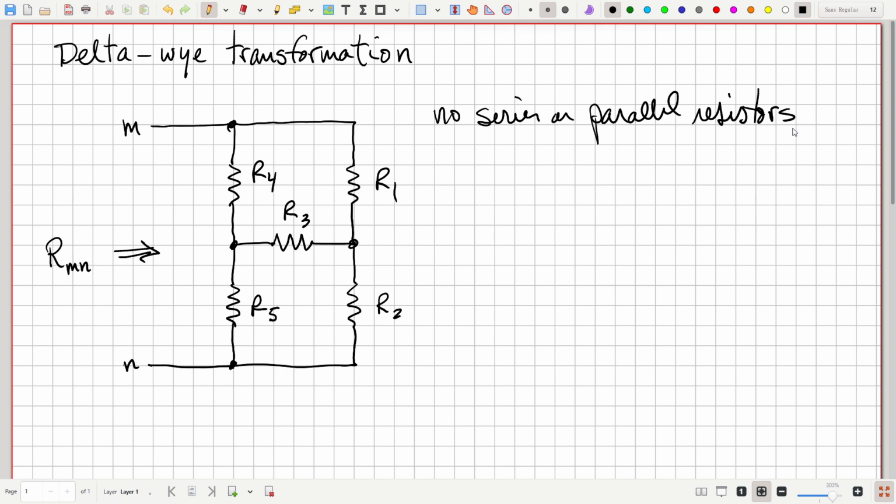How can we reduce this circuit? Using the delta Y transformation. Now, a little bit about this.